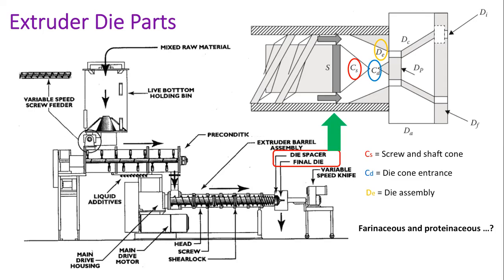And sometimes when we feed the food materials from here to here, if we don't have this cone, then what will happen? It is difficult to maintain the channel flow. The flow is a little bit different. And also, to maintain the proper pressure value here, it is again very important to have this.